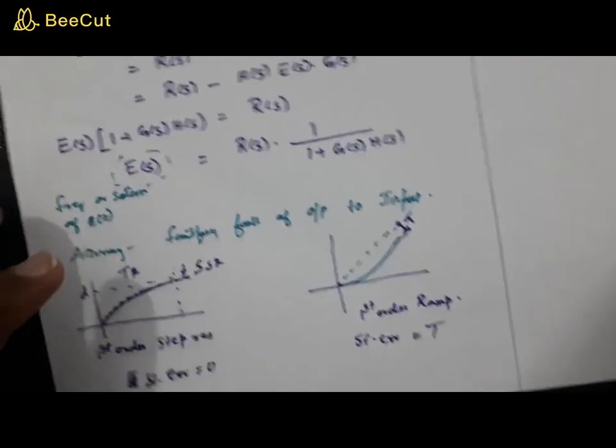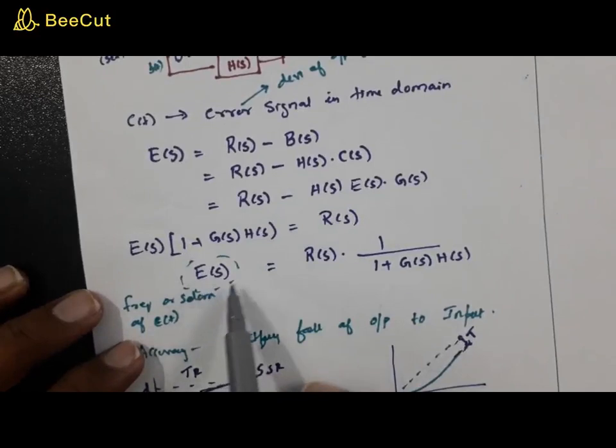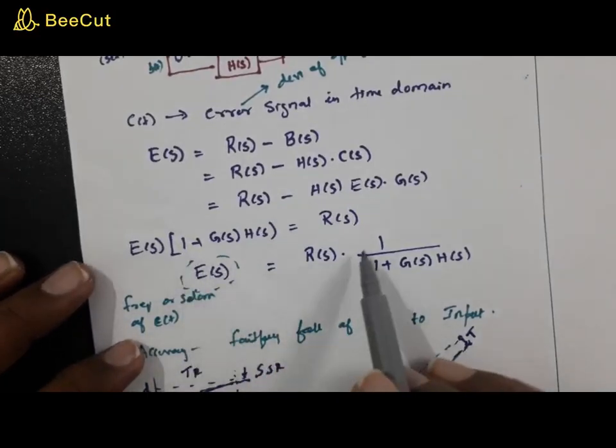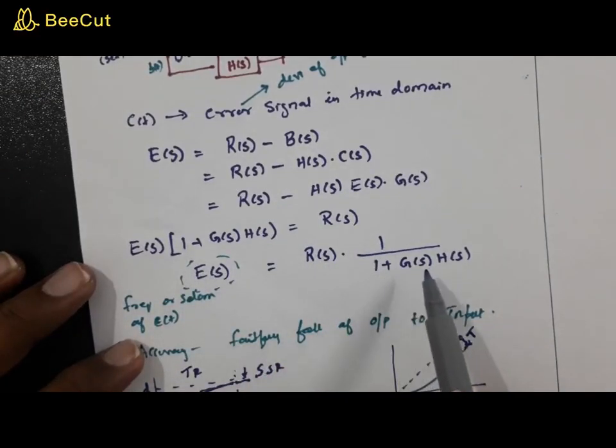Now let us see the expression for the error, which is given by R(s) by 1 plus G(s)H(s).